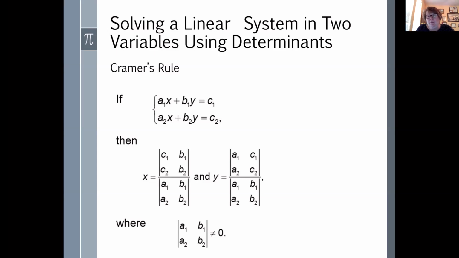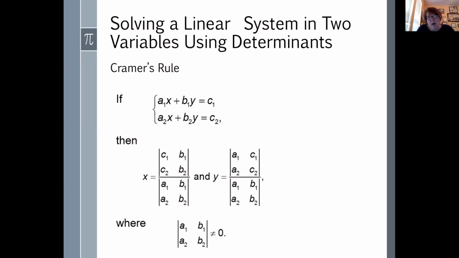That is the determinant of the matrix formed by the coefficients on x and y. So the denominator is the determinant formed by the coefficients, the matrix formed by the coefficients. But the numerators, look what happens.